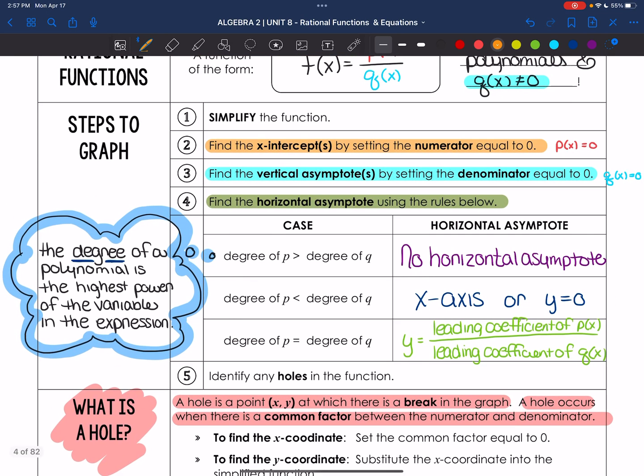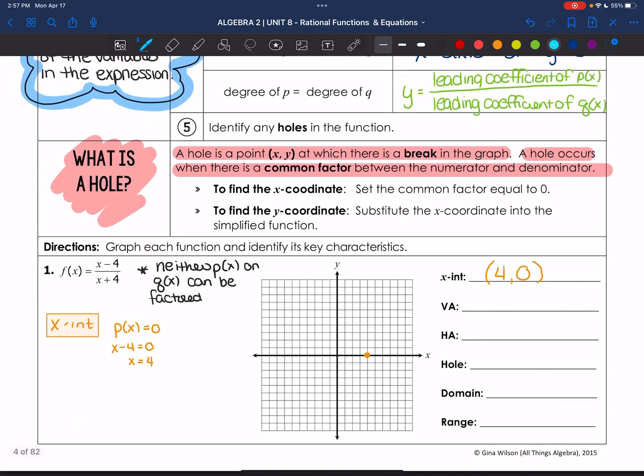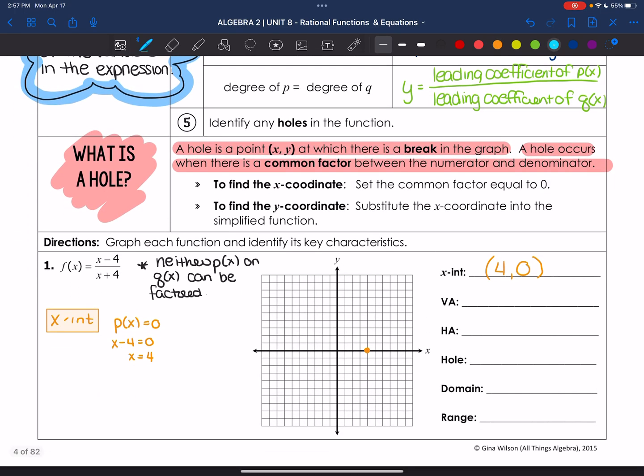Next step is to find our vertical asymptote by setting our denominator equal to 0. Let's find our vertical asymptote, which I'm going to abbreviate VA. All right, so we're going to set our Q of x equal to 0. That is, I'm setting x plus 4 equal to 0.